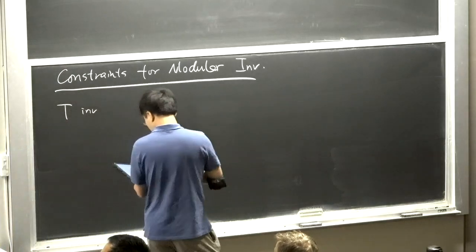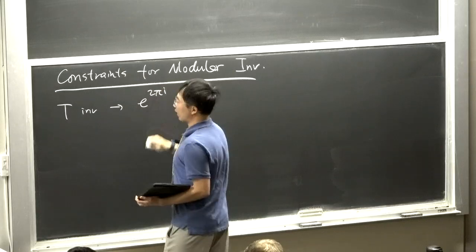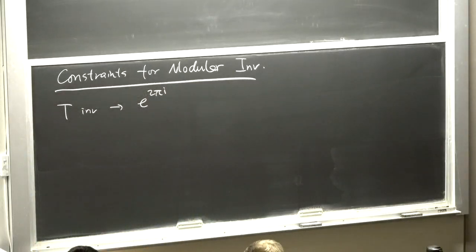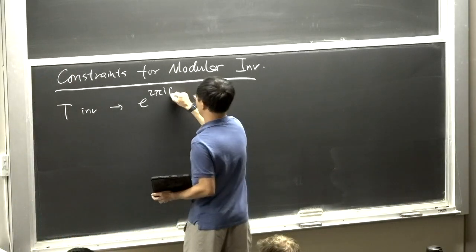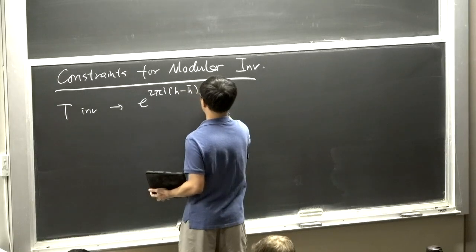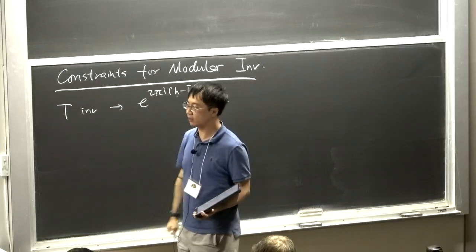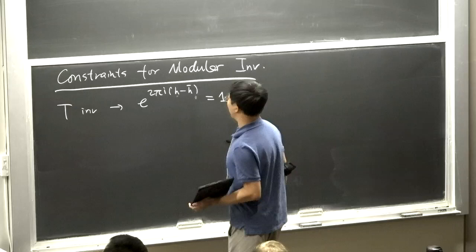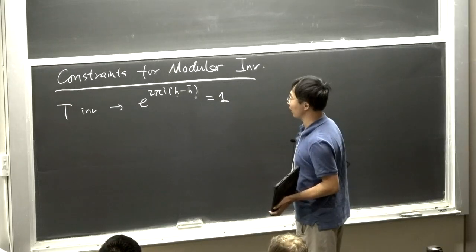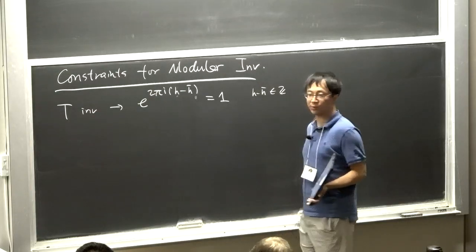So consequently, what T invariance implies is that the phase you get from doing the T transformation on each of the summands over here needs to cancel. And that's the condition that the spin, or in other words, the momentum on this compact circle on the cylinder, has to be an integer. It's the usual spin quantization.